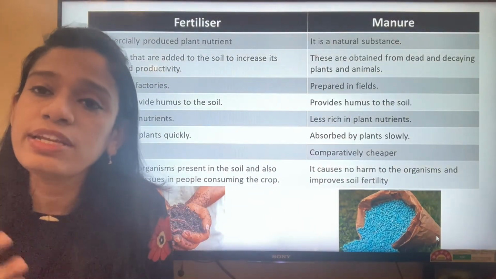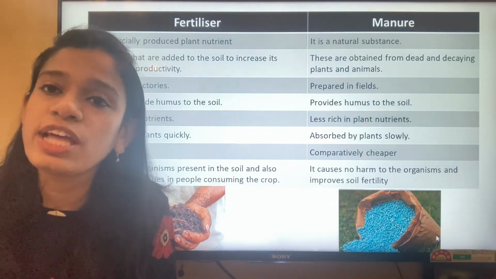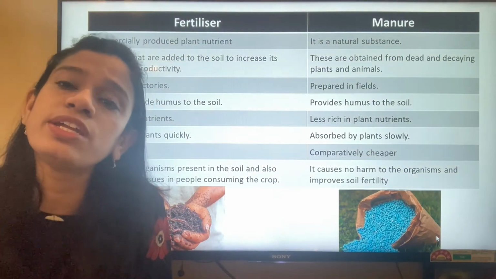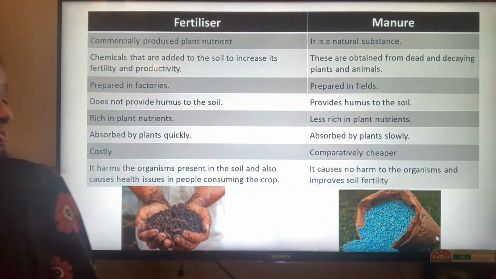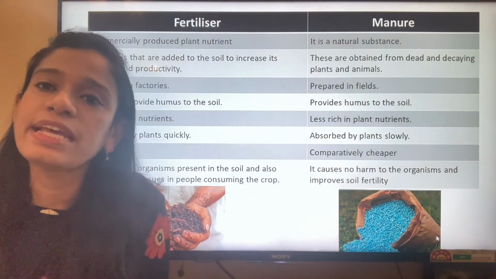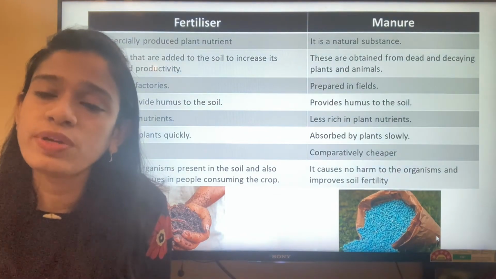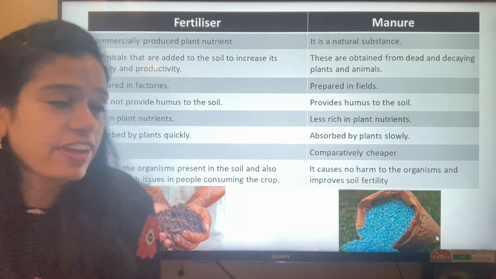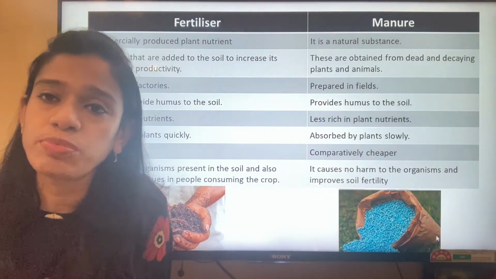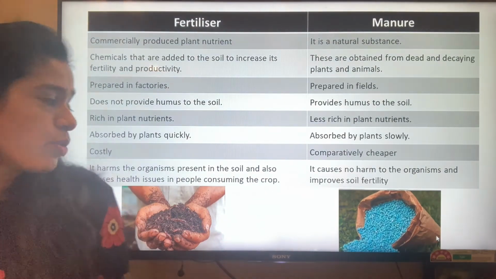Manure increases the soil fertility. Fertilizer is absorbed by plants very quickly, because it supplies the exact amount of nutrients required by the plants, so the plant absorbs it very fast, whereas plants take a long time to absorb the manure or the naturally prepared ones.